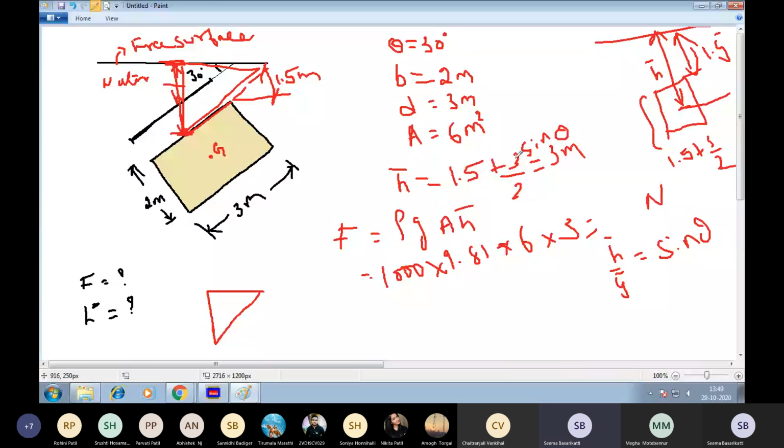So 3 divided by 2 multiplied by sine theta. The value of theta is 30 degree. So this is not 3 meter, it is 2.25 meter. So replace 3 by 2.25 meter.